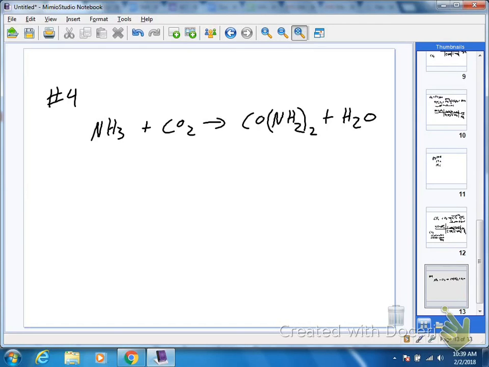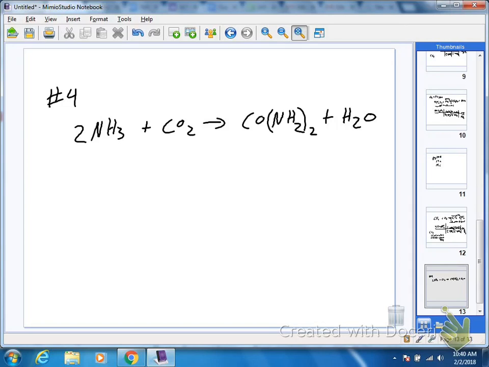Okay, so carbons balance, oxygens balance, H's don't balance, so I'm going to put a 2 here. And then also I've got 2 nitrogen.